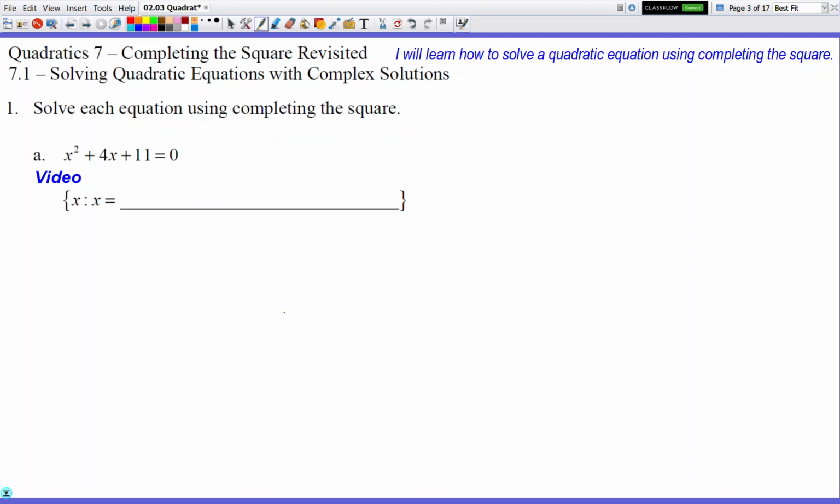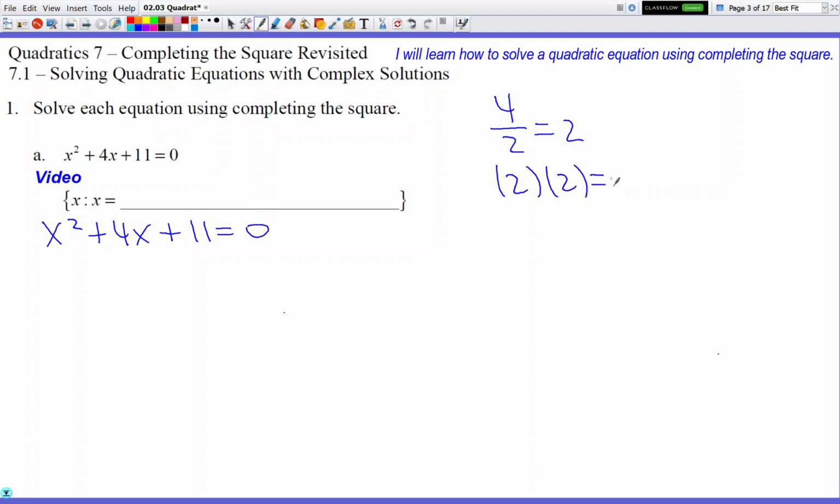Okay, so let me write out the problem down below because I need to manipulate it. So x squared plus 4x plus 11 equals 0. To complete the square, we want to grab our middle term, 4, and cut it in half. Then after we cut it in half, we're going to square it.